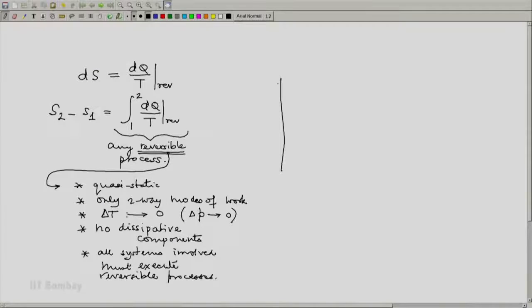Now the question is, which reversible process? Linking two states of a given system, there could be more than one. In which case all that we do is we say any reversible process, we will select one according to our convenience. For example, if we have a simple compressible system or a fluid system, a typical pair of variables would be P and V for us to plot the state space.